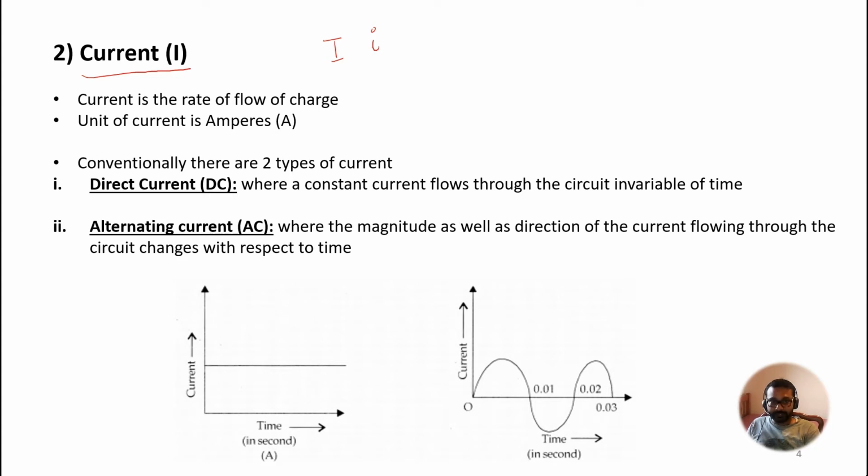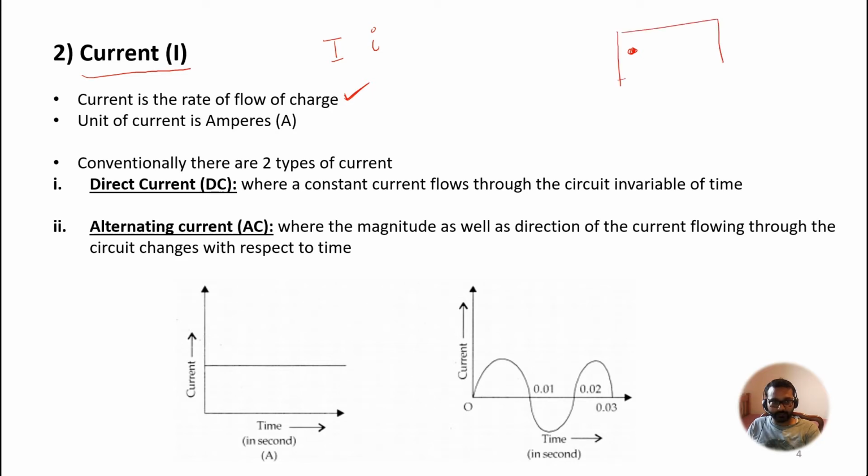So ideally, the best statement or definition for current is that it is the rate of flow of charge. But if we try to elaborate a little bit, you have the electron.